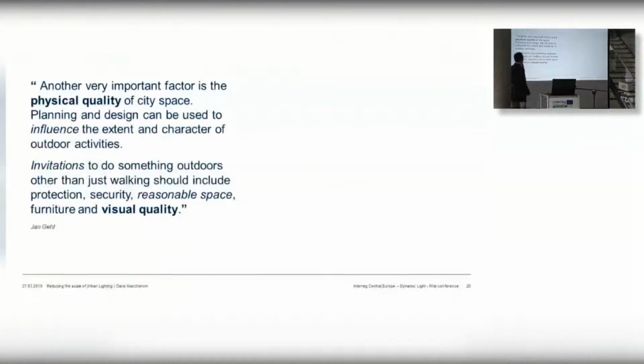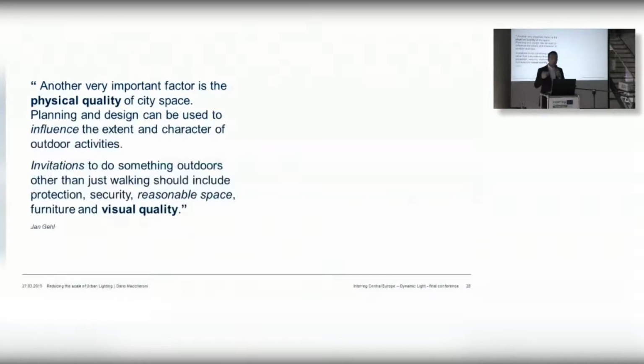And this is a quote from Ian Gale, a well-known urban planner, already mentioned during this conference. He's talking about the importance of physical quality of the city space, but what is interesting also for us, for lighting designers or lighting experts, is that he's talking also about visual quality. Of course, he was mentioning daylight and night time, but for us it's important that also other disciplines are taking care about the visual quality.